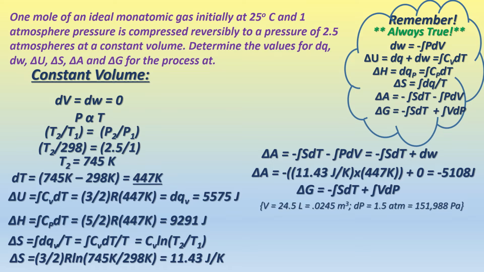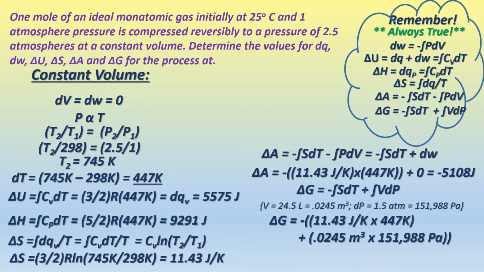A change in pressure of 1.5 atmospheres is a change in pressure of 151,988 pascals. So delta G is minus S dT plus V dP. I multiply cubic meters by pascals. I get joules. Delta G for this process is minus 1,390 joules.